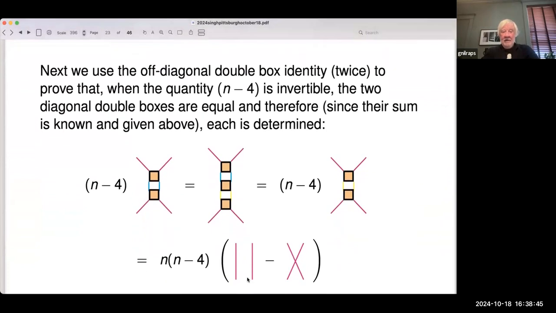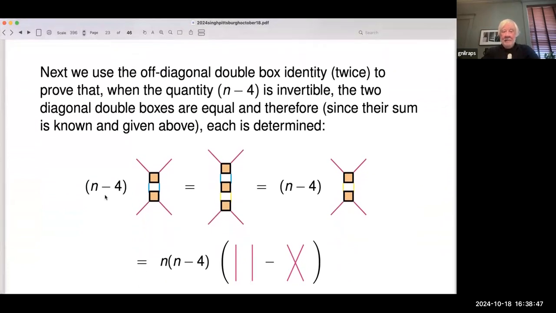And what you find is that as long as you multiply by a factor of n minus 4, the 2 inputs that are red for the double box agree when the interior lines are blue, they agree with where the interior lines are yellow.